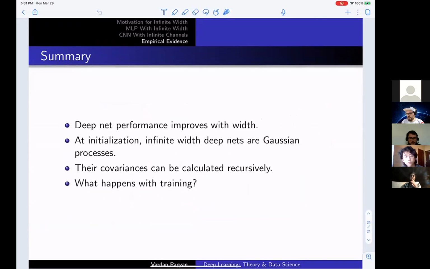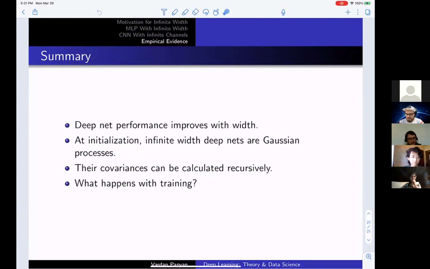So to summarize what we've seen today, we've seen that deep net performance improves with width. That's something we've discussed also in previous lectures. We've seen that at initialization, I think I've said at initialization 8 times at this point, infinite width deep nets are Gaussian processes.